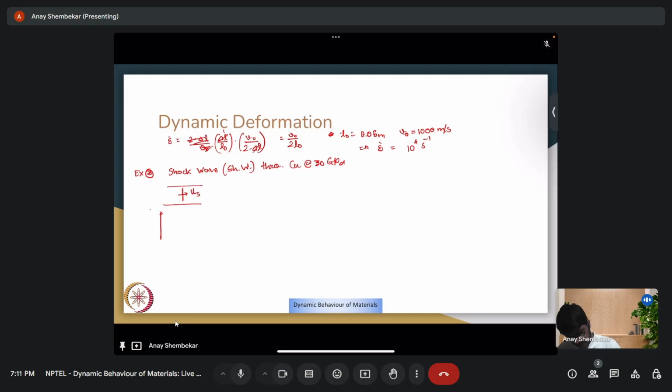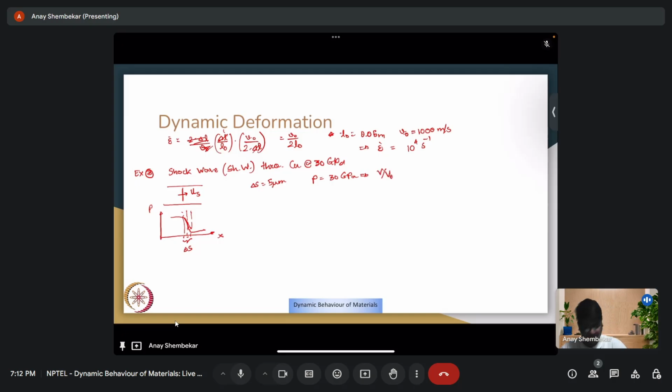If I draw pressure versus distance plot, if we assume a thin shock front, delta S is equal to 5 micron, a thin shock front, and P is 30 GPa, which means again you can look into the material data for shock waves.